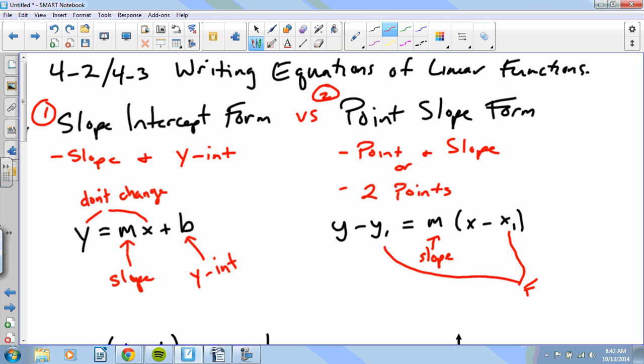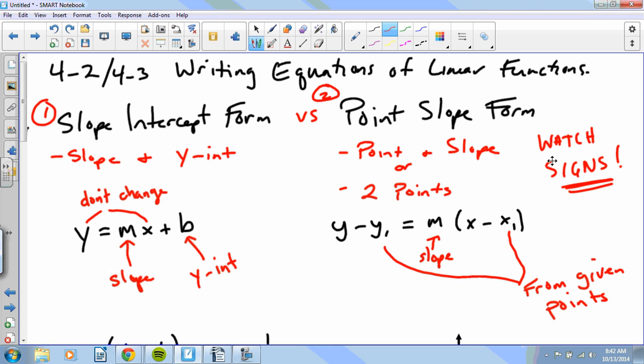These are from the ordered pairs, from given points. So those are the ones that are going to change. And again, negatives, watch your signs, be careful. I'll even put this here, watch your signs. Make sure that you're paying attention to what's going on. That's where you mess up the most, is those signs. So be careful of that.